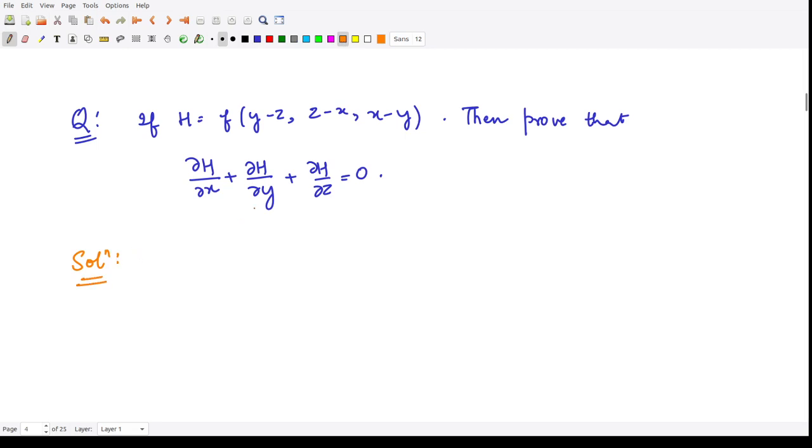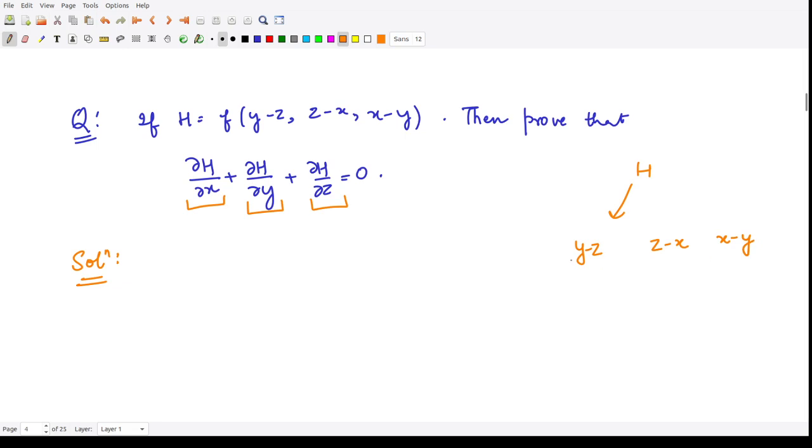Here, what we have to prove requires calculating the partial derivatives of h with respect to x, y, and z. Notice that h is a function of 3 variables. H depends upon y minus z, z minus x, and x minus y.